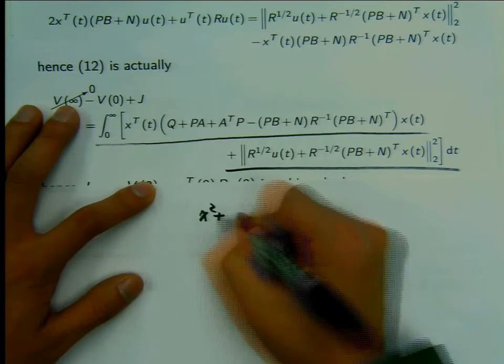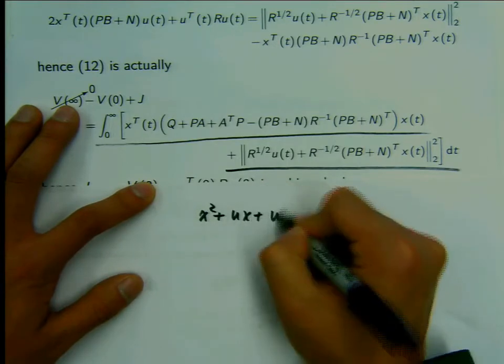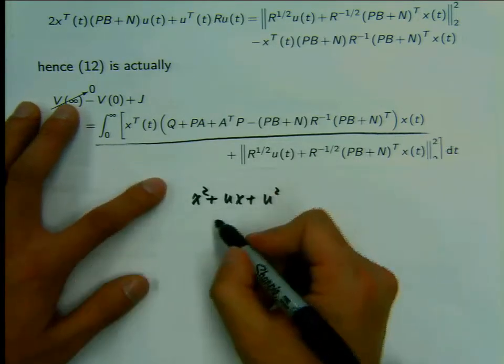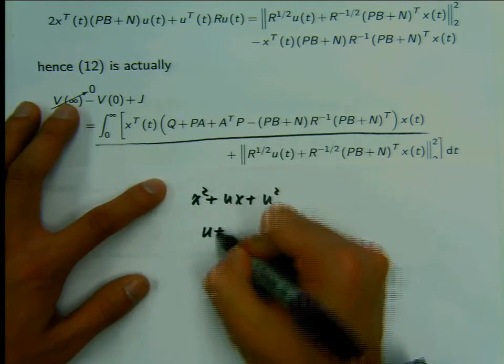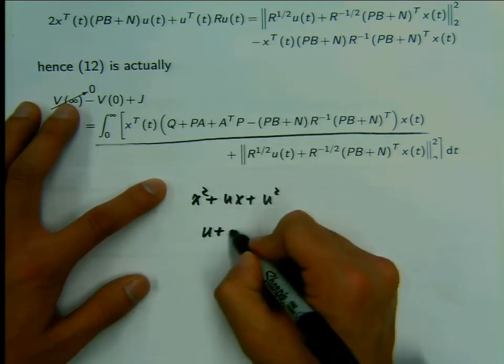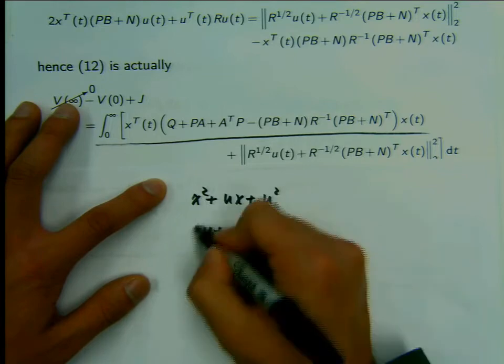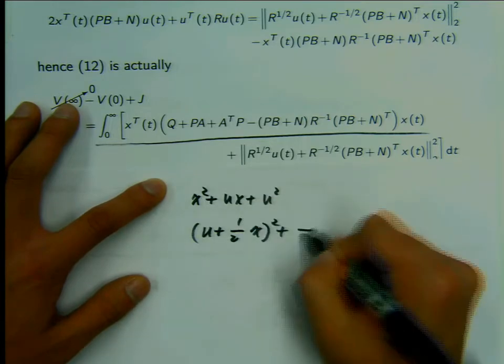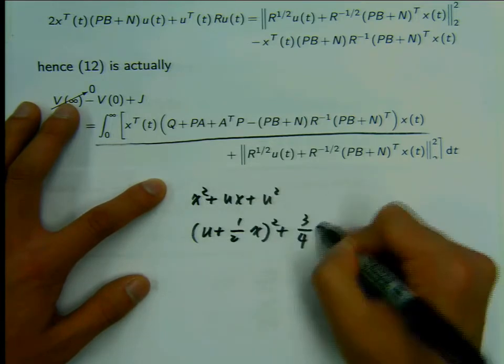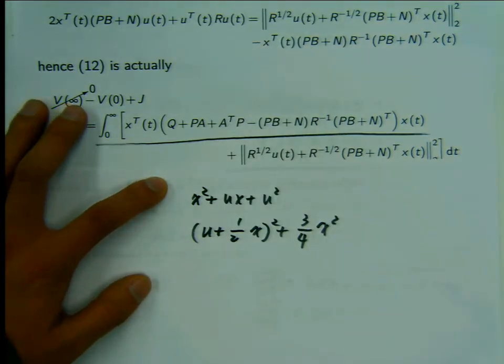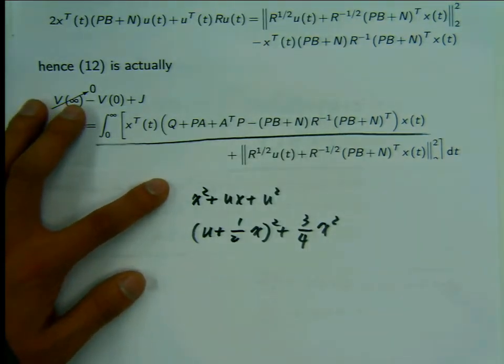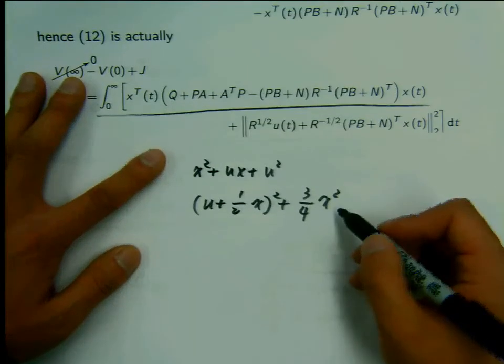So if I start again with this example, what I wanted to do is probably u plus this square plus this x square. And I need to go one step further.